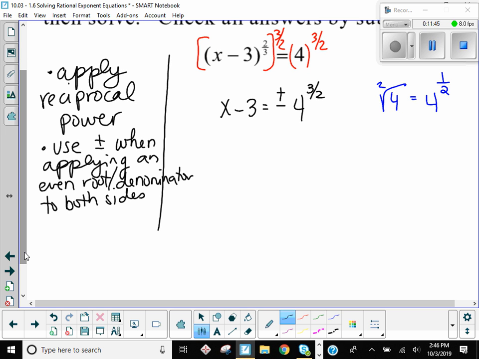All right, so here's where we're going to break apart the fraction into 2 pieces. So I'm going to separate the root and power, and then I'm going to simplify and solve.